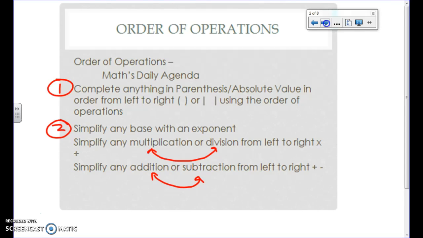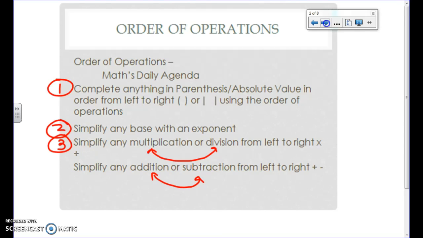care of. The third thing you need to do is move your eyes from left to right just like you're reading a book, and if you see a multiplication or a division, you will do that immediately. Okay? It doesn't matter whether it's division or multiplication. Whatever one you see, if it's a multiplication or a division, you do that one. Okay? So it doesn't matter if you see a division before multiplication, you still do the division. Okay? So step 3 happens from left to right.